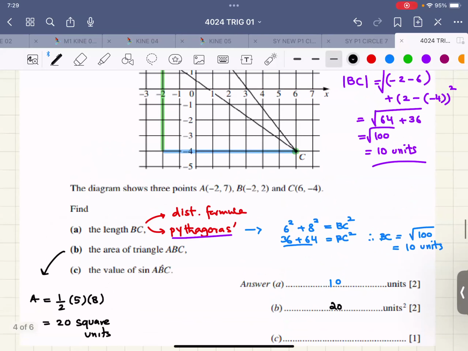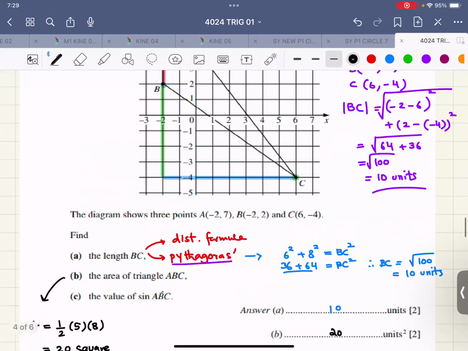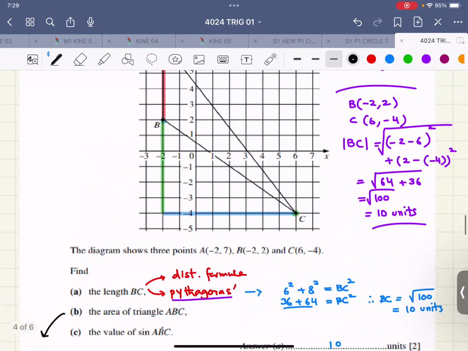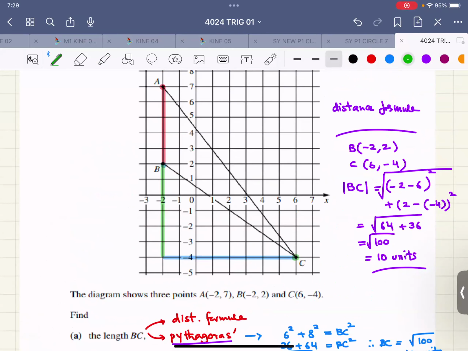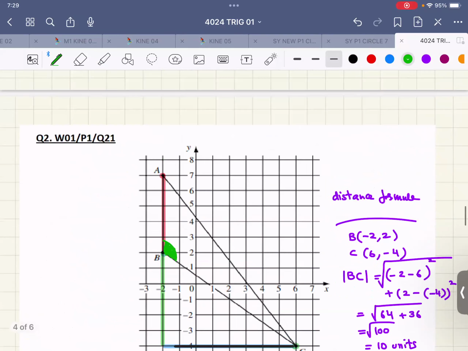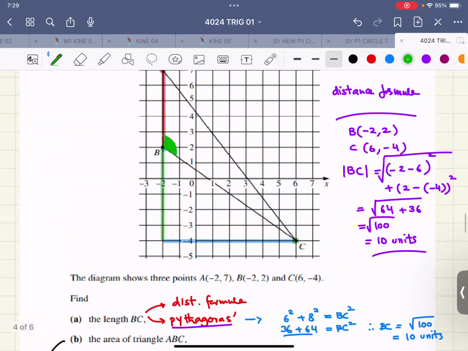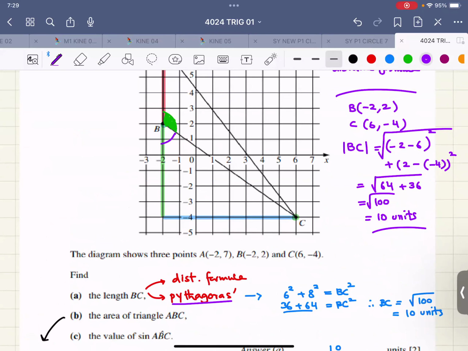The value of sine of ABC. Now this angle over here, let me mark it. That is this green angle over here. I cannot find it directly because this is a paper 1 question. So therefore, I can find for this purple one, just like what we just did. So let me find the sine of this angle.